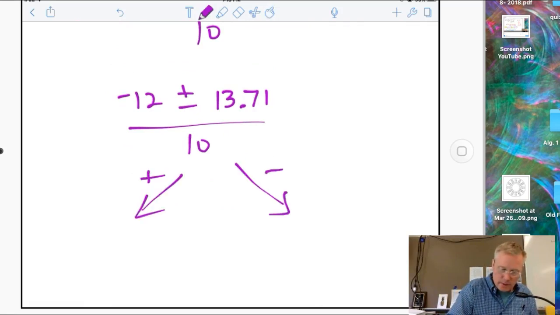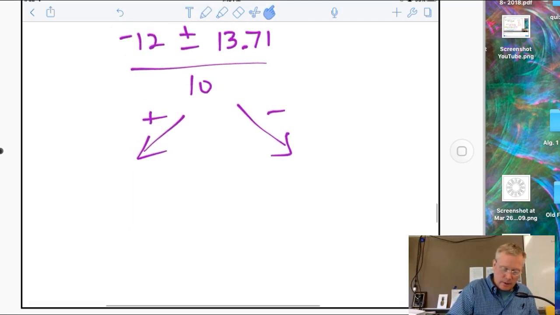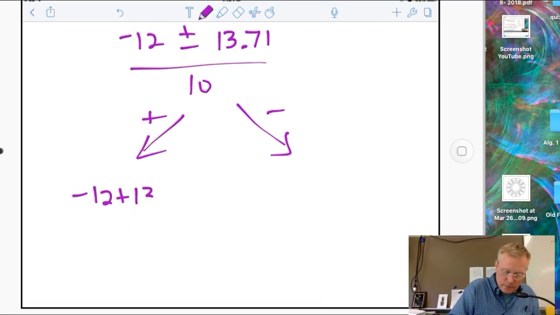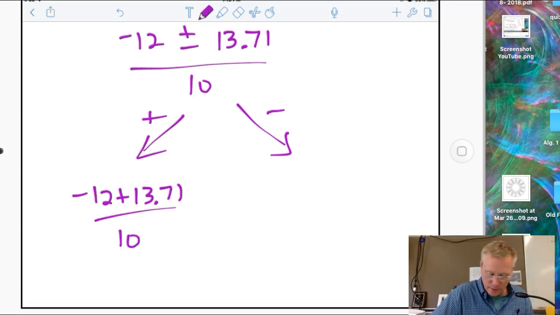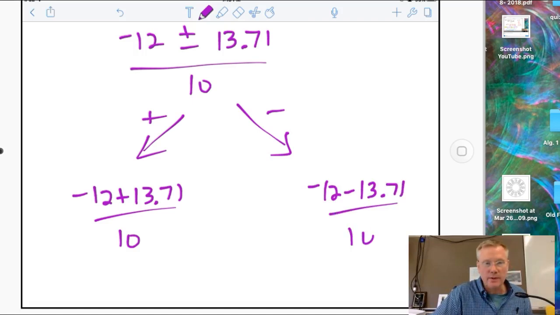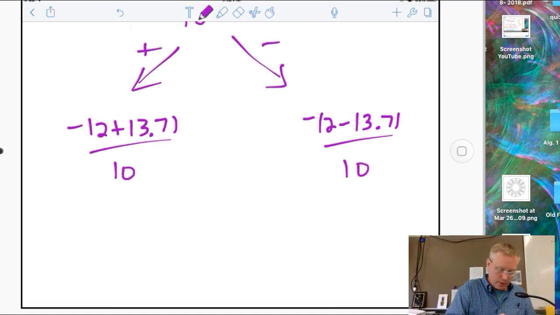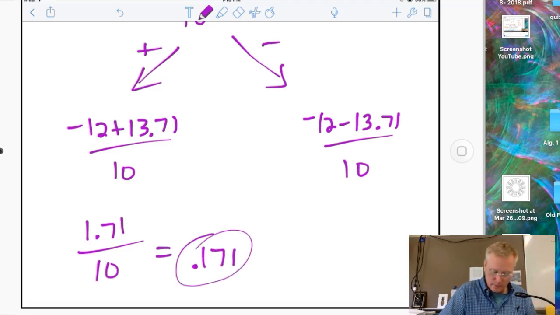Here's the plus, here's the minus. I got negative 12 plus 13.71 divided by 10. And I got over here negative 12 minus 13.71 divided by 10. And when I punch this into my calculator, this one's 1.71 divided by 10, which is 0.171.